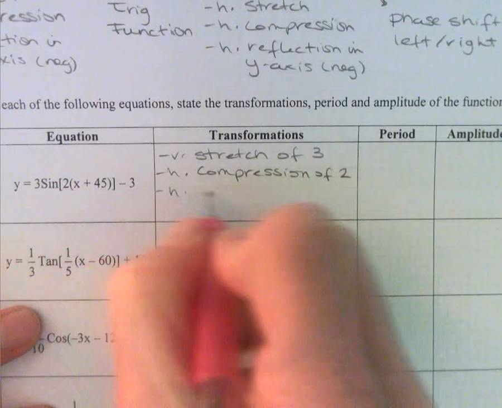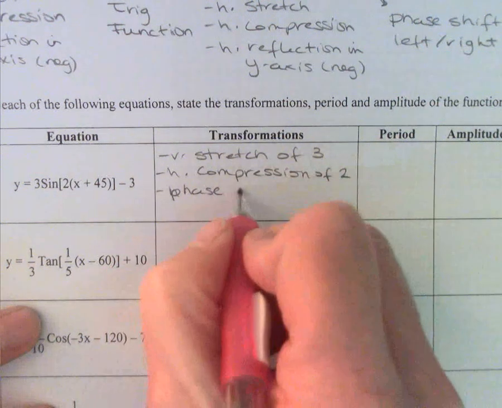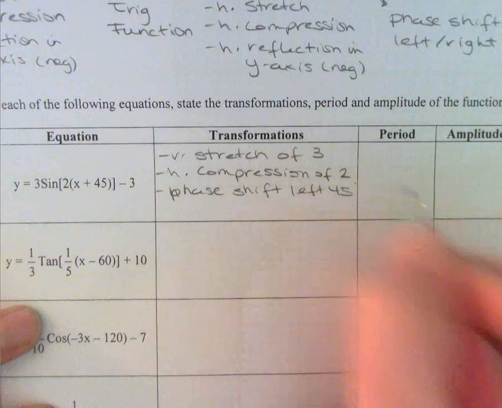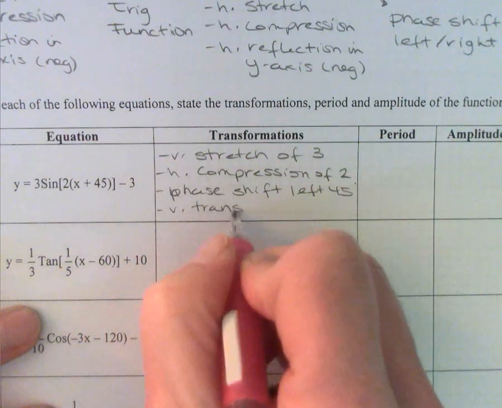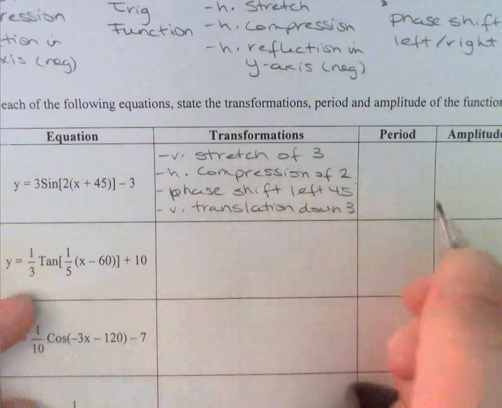Brackets still lying. We're going to do a phase shift left 45 degrees. And we're going to do the vertical translation down 3.